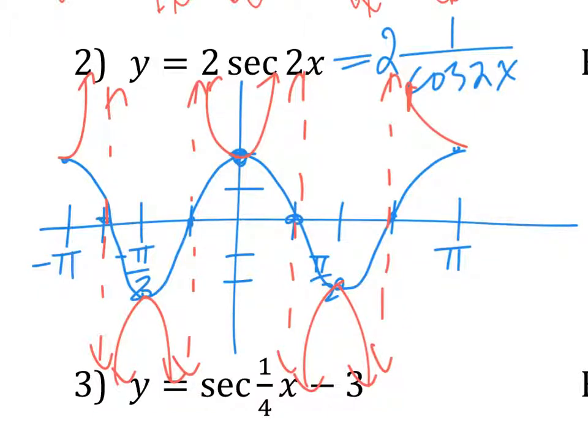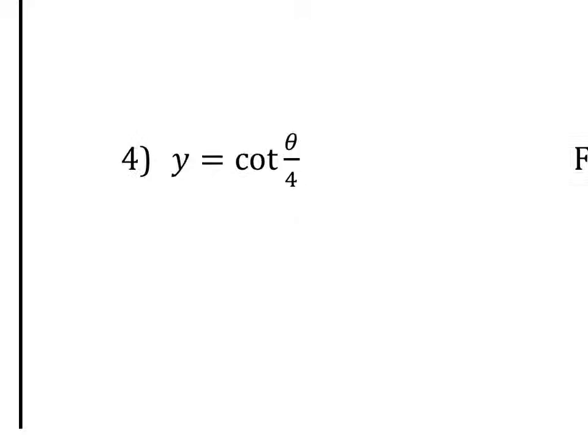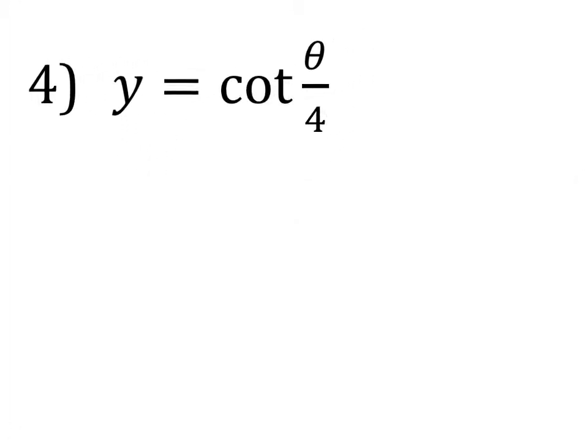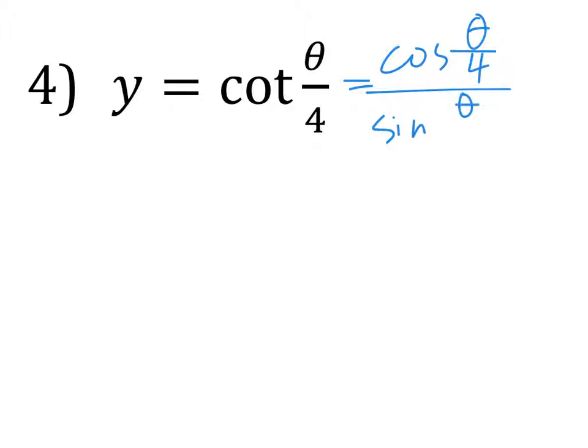All right, we're going to draw our last one, which is cotangent. Cotangent theta over 4. We're going to draw cotangent the same way we do tangent. So cotangent is what function over what function? Cosine over sine. So this is cosine theta over 4 over sine theta over 4. What's going to create a problem?